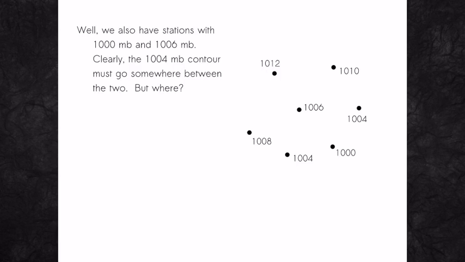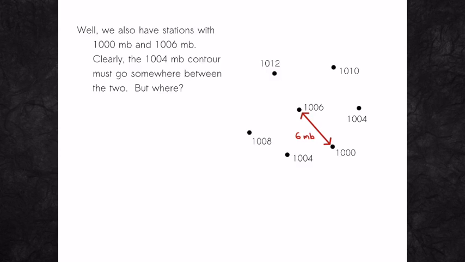So how do we do that? Well, the first thing to note is that if we start at 1000 as our anchor point, then between 1000 and this other station, 1006, the pressure increased by 6 millibars. So there's a pressure increase of 6 millibars.